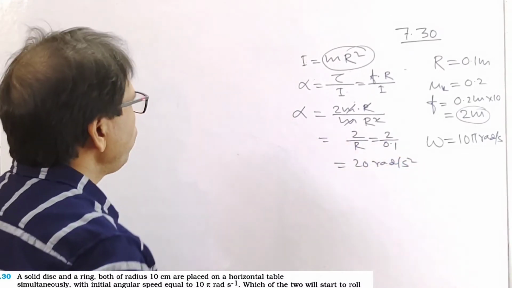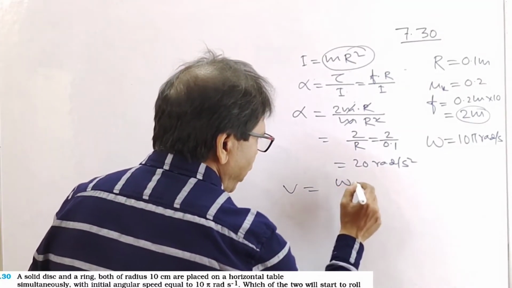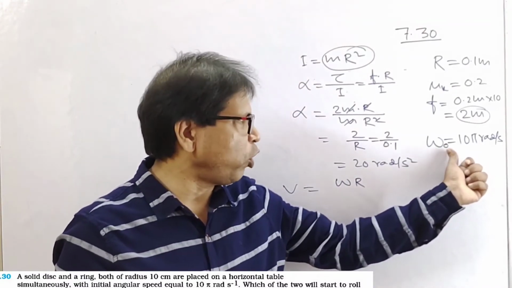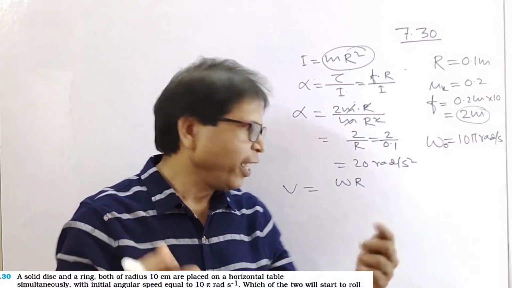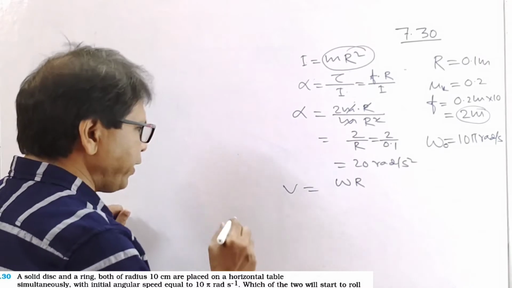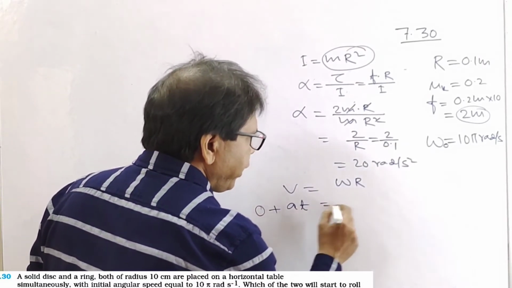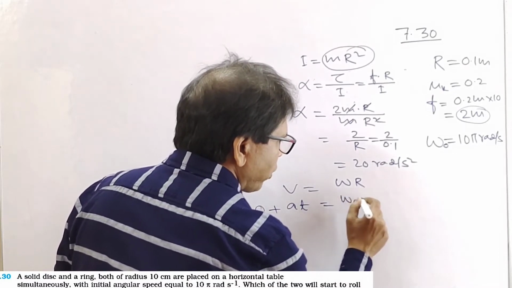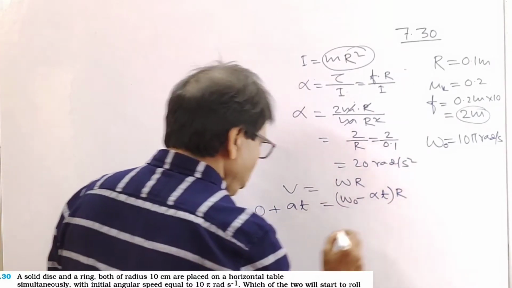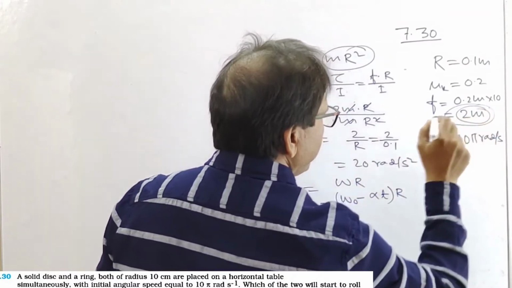Okay, now look at this. Here the condition is v equal to omega r, the condition of pure rolling. Now this angular velocity omega naught decreases to omega and linear velocity increases from 0 to v. So look at this, here 0 plus the acceleration a into t equal to omega naught minus alpha into t, into r. Okay, understood? Now look at this, here acceleration equal to force of friction divided by m.